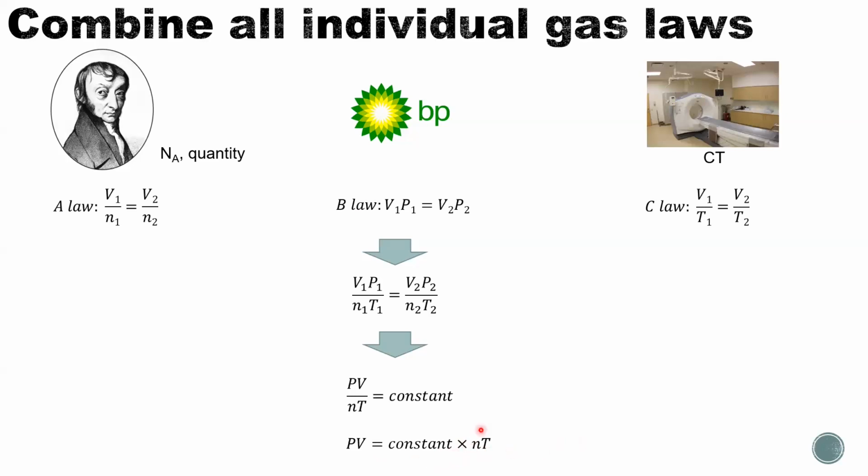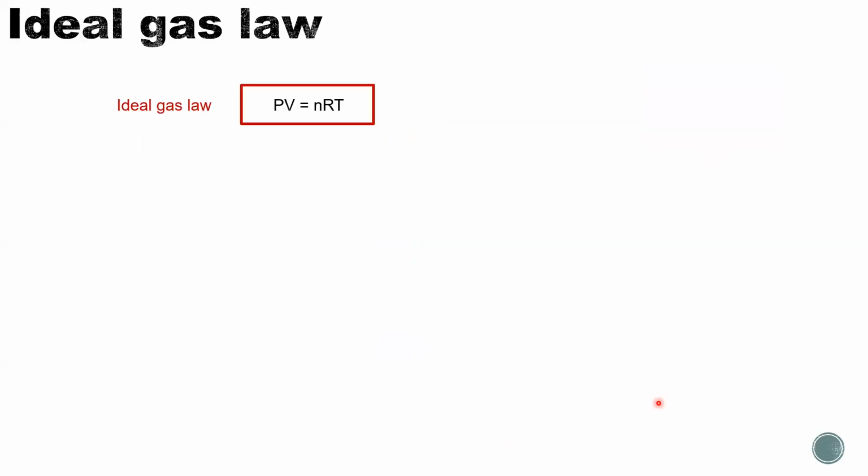If we define the constant as R, that gives us the ideal gas law, PV equals nRT. The R here is the universal gas constant. That equals 0.0821 atm times liter per mole per Kelvin. Also, if we use a different unit set, we can have R equals 8.314 joule per mole per Kelvin.